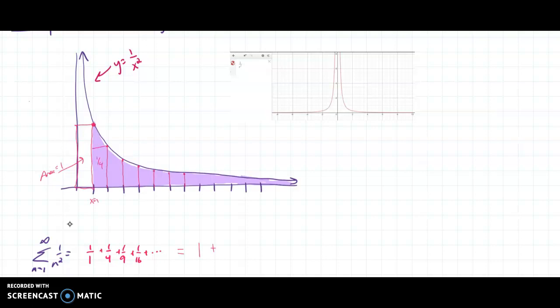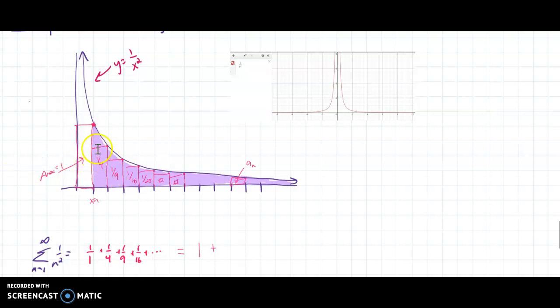The area of that rectangle is 1/4. And then the area of this rectangle would be 1/9, the next term. And then this area would be 1 over 16. And then this one would be 1 over 25. And as I go out, these are all numbers, and they're the numbers that I'm adding. These will be the numbers in the sequence. So when I go out to some random spot here, this is just going to be a sub n for the n value that we are at.